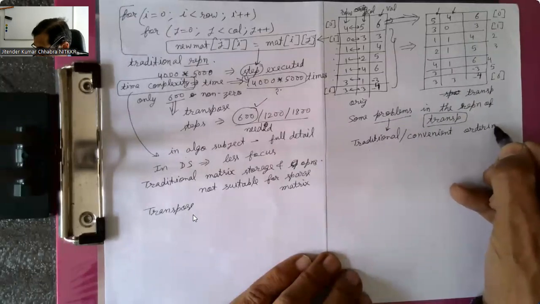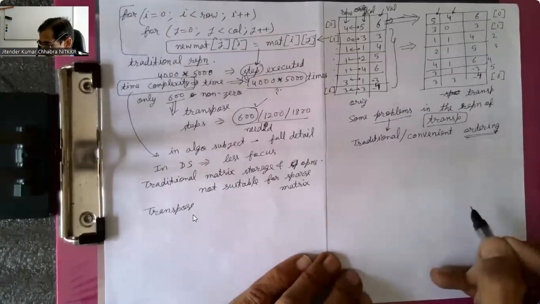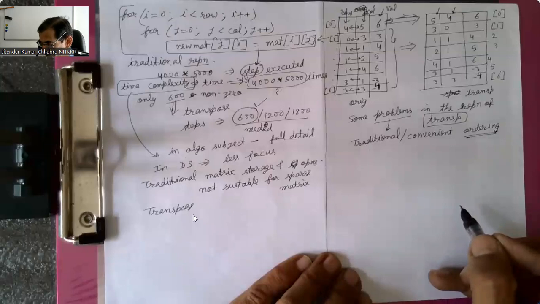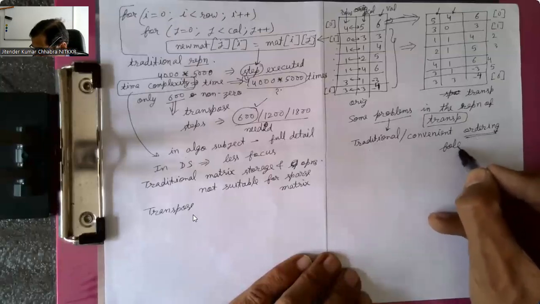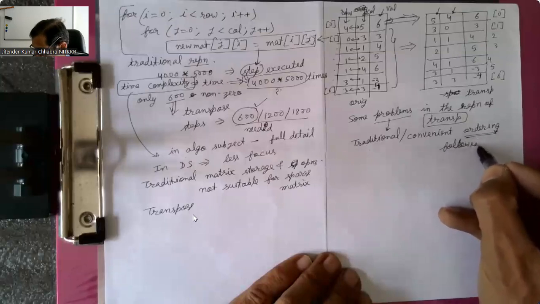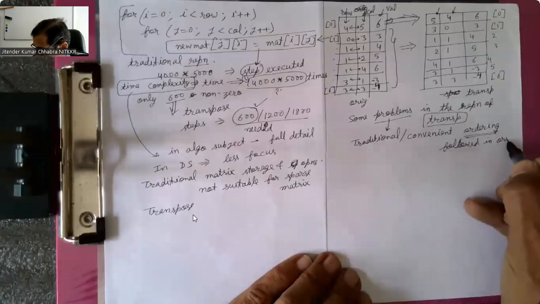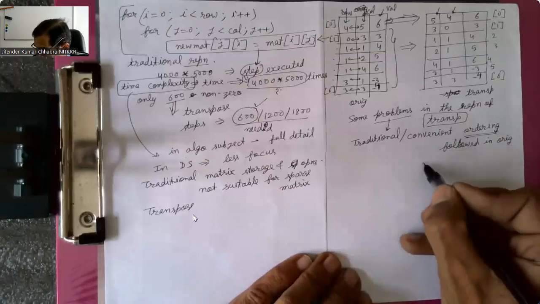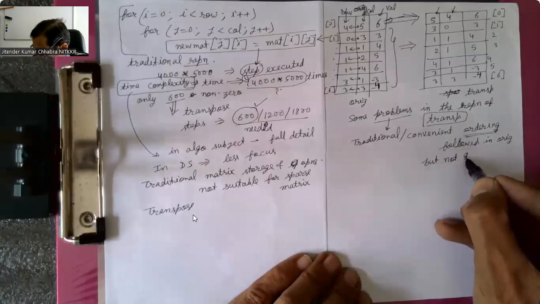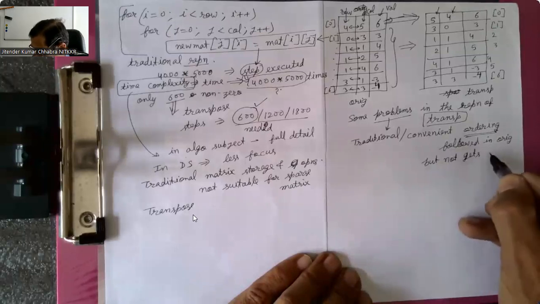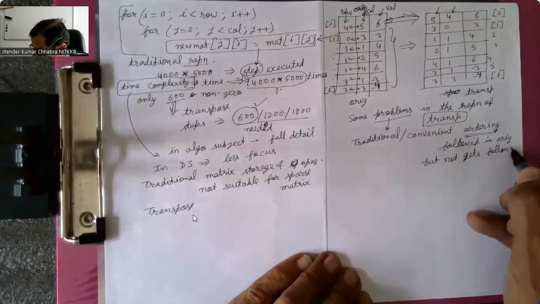Anything we store for the matrix follows some traditional ordering of the information stored. That ordering was followed in the original matrix, but it will not get followed by this process in the transposed matrix.